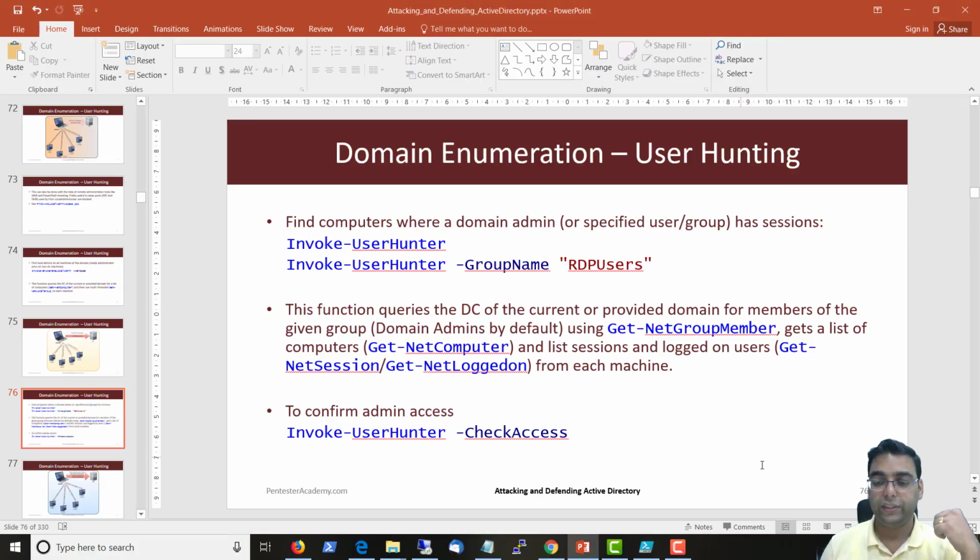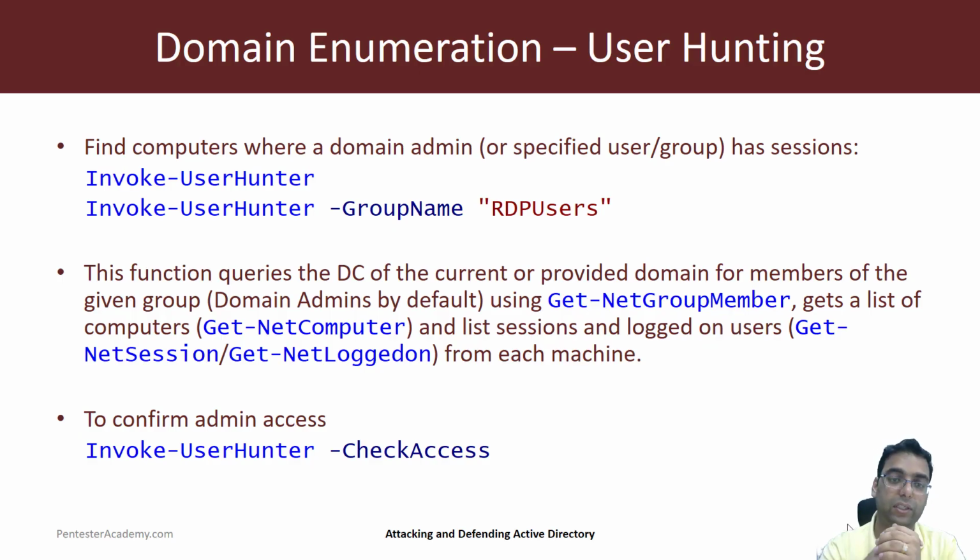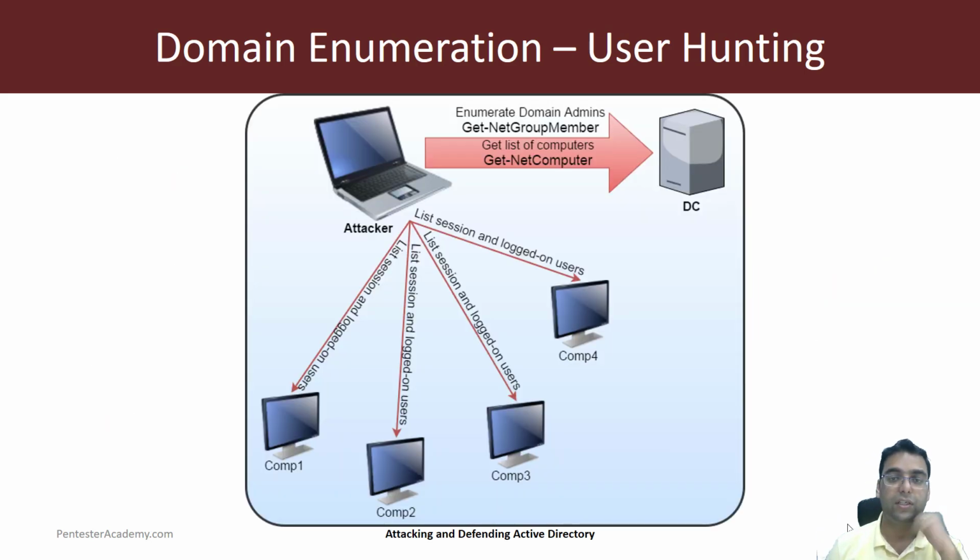Okay, coming back to this, we were discussing Invoke-UserHunter. This is how it works. As soon as we run this function, it goes to the DC and requests two pieces of information: a list of computers using Get-NetComputer, and the membership of the domain admins group using Get-NetGroupMember.